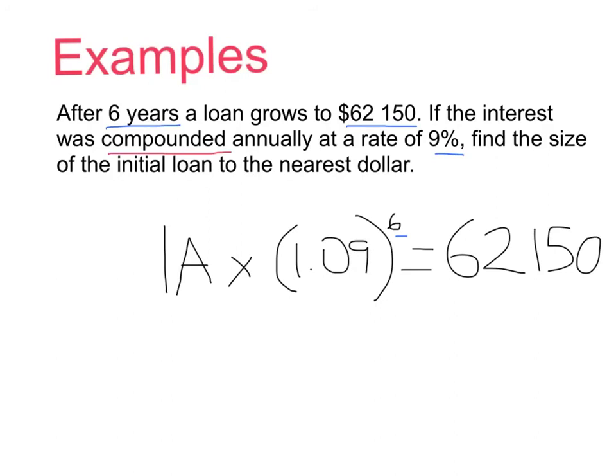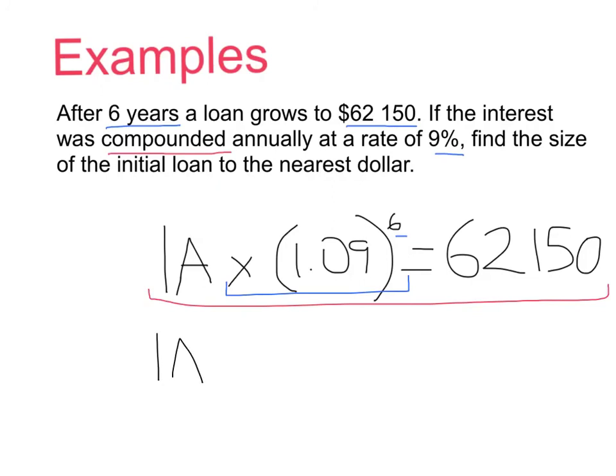Okay, what can I do now? Well, this is actually just an equation. It's saying initial amount multiplied by all of that equals 62,150. I need to find my initial amount. I need to find, as you guys would have learnt last year, my pronumeral. So if I move this over to the other side of my equation, I know I need to do the opposite.